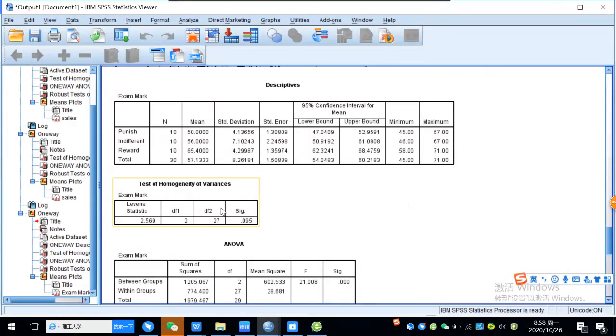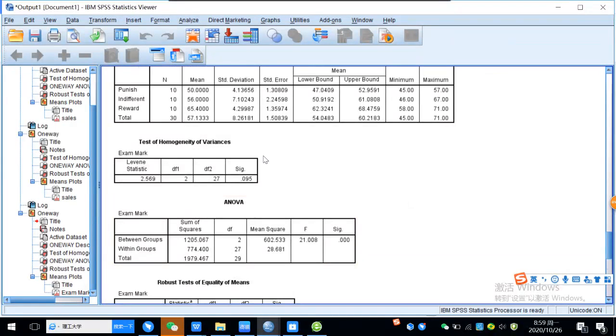Hence, the variance of different groups can be considered equal. So that means equal variance is assumed, right?